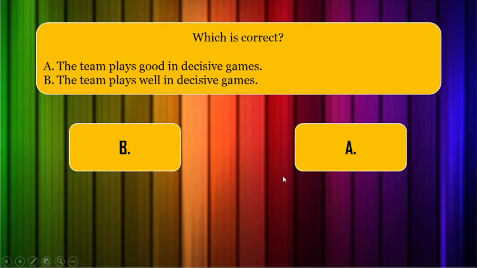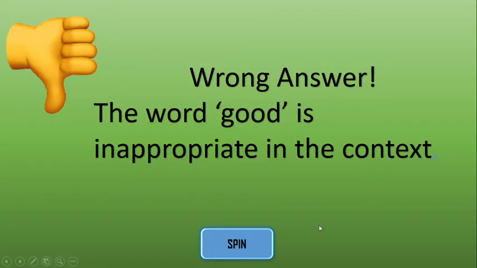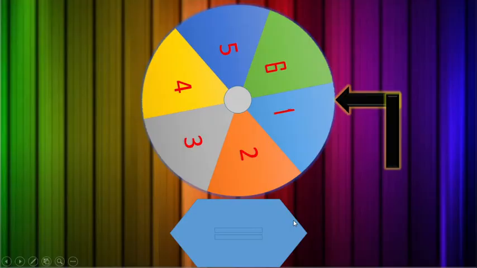Now if the child knows the answer, the child clicks here, oh, I'm very sorry, but this is the wrong answer. So the child is not disqualified from the game, but the child does not earn any points. Again the child has to go back to the game.